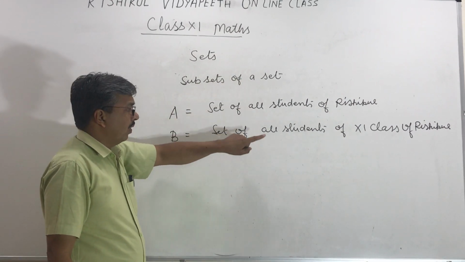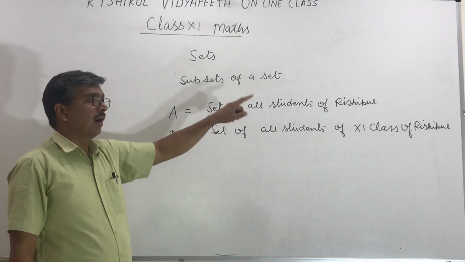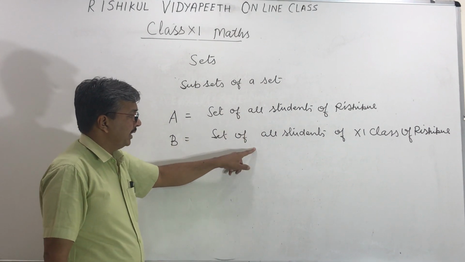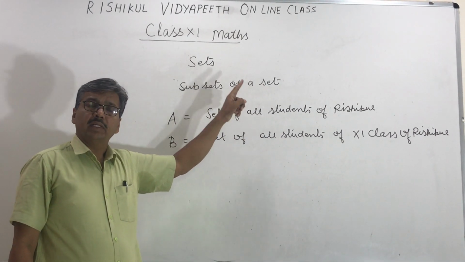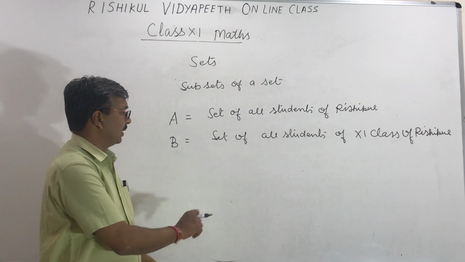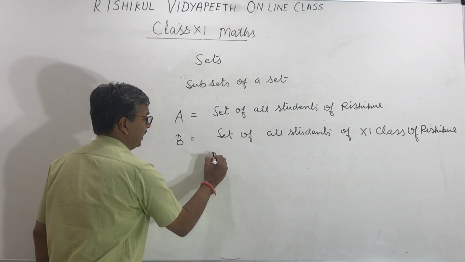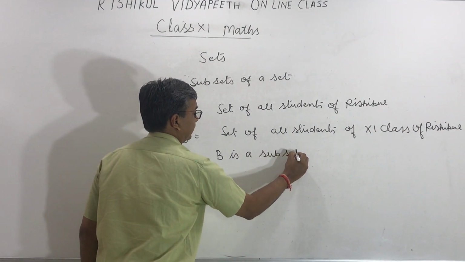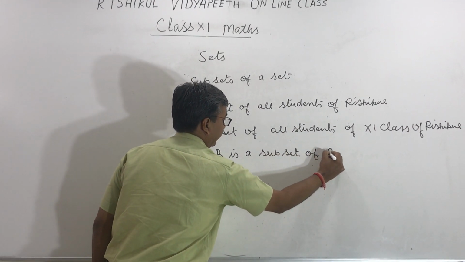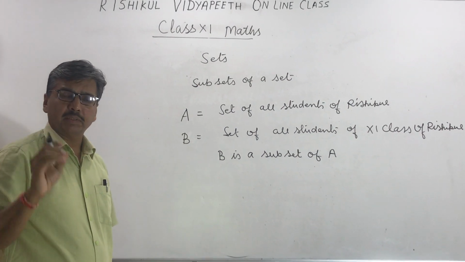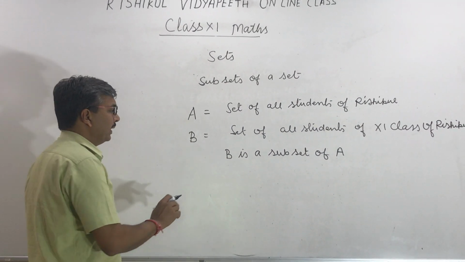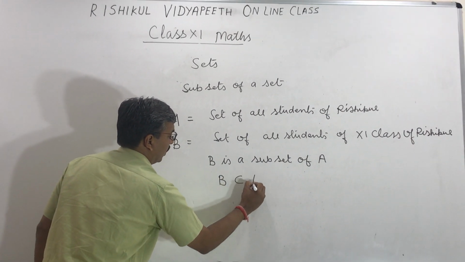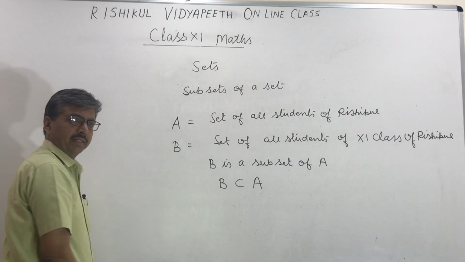It means all elements of set B are in set A, and that's why set B is a subset of set A, and we will write this as B is a subset of A. Symbolically we will write B ⊆ A. This is the symbol of subset.